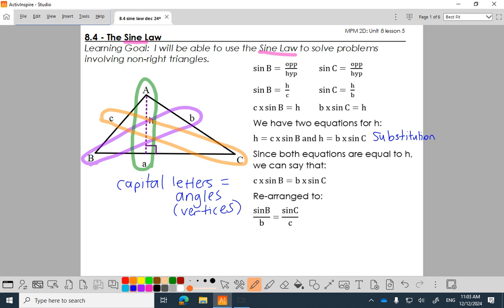So label the angles with capital letters. Generally speaking, when you do non-right triangles, we are not going to do theta. We'll use capital letters.